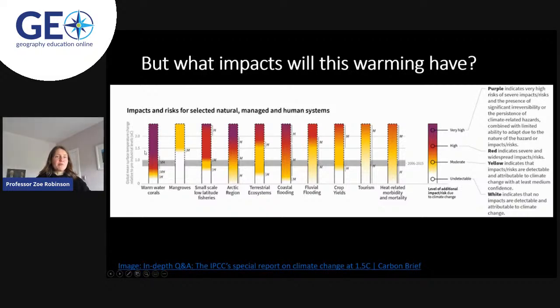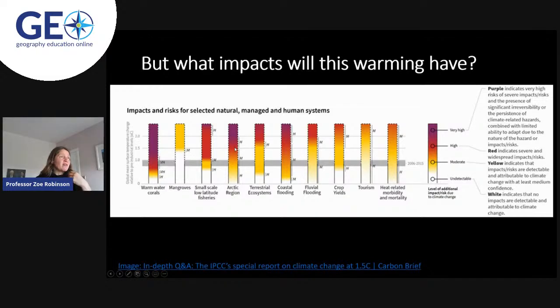So if we look at this first bar, which is looking at warm water corals, basically when we get to purple means we have a very high risk of severe impacts, which are likely irreversible. And we see for corals, we are pretty much already at that stage at 1 degree, and we are very purple at 2 degrees. If we look at maybe the Arctic region, 4 bars over, we see by 2 degrees, we're into that purple, very high risk of severe impacts in the Arctic.